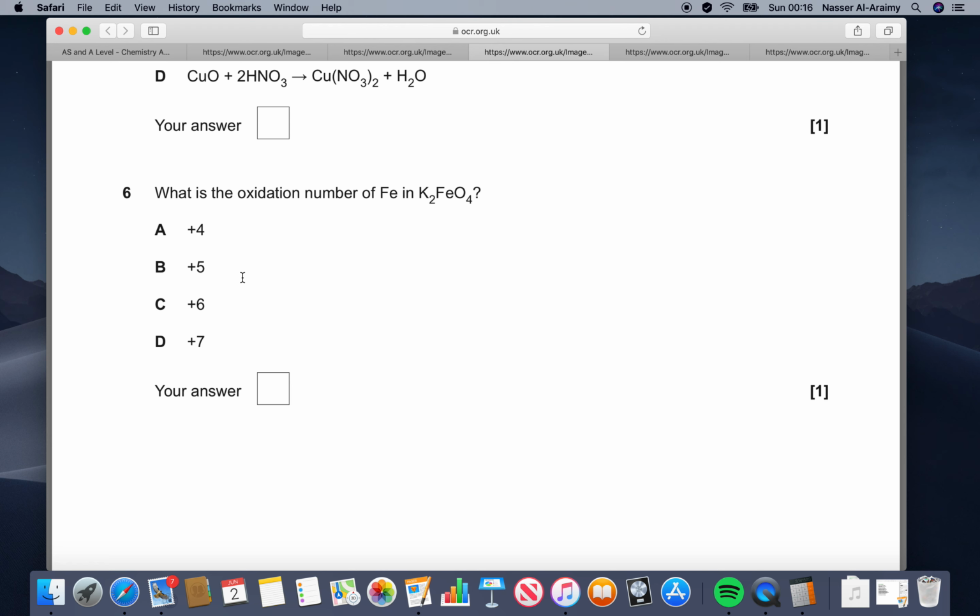Then you've got your group 1 metal, which is always going to be +1. So if you're at -8 and then you've got 2 +1s, that would take you to -6. And this thing has got to be neutral. You've got to make it 0. So how am I going to make this 0? You're going to add 6 to it, so it's going to be +6. And so that's going to be your answer for the oxidation state of Fe.